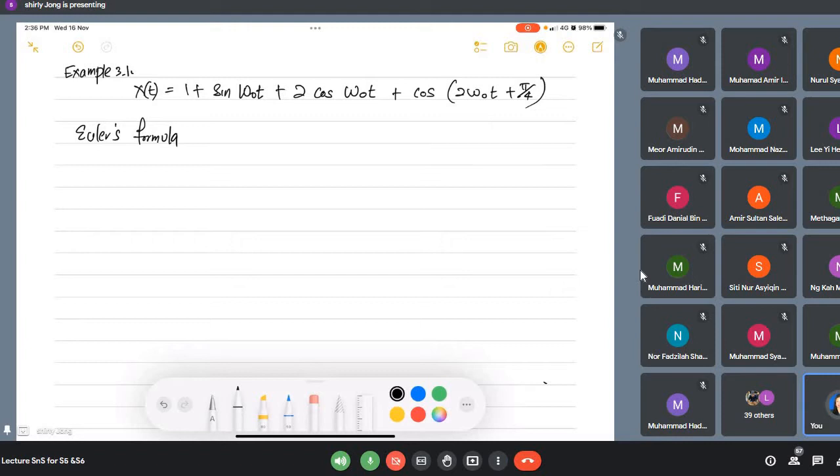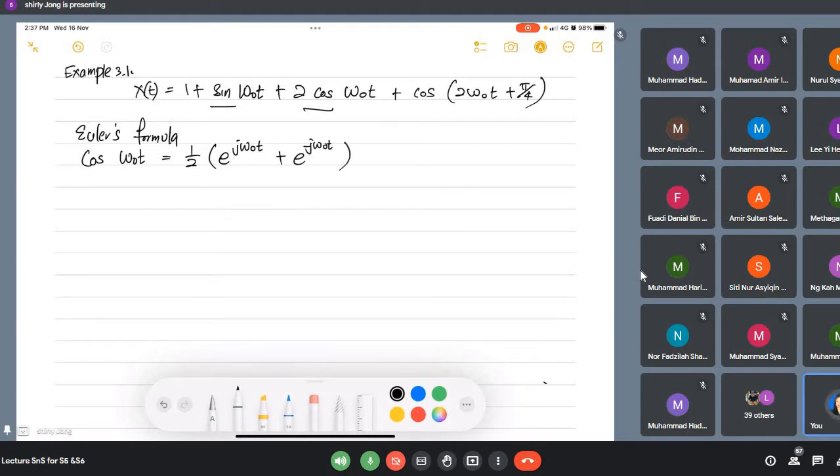Because in this question you have sine and cosine, you need to know cos ω₀t changed to exponentials: 1 over 2 times e^(jω₀t) plus e^(-jω₀t).